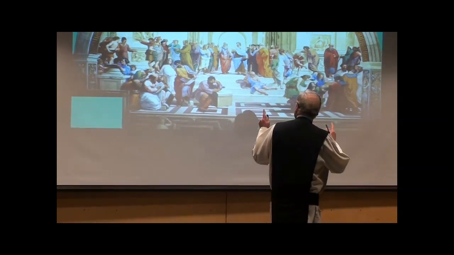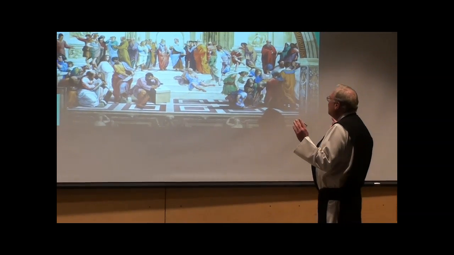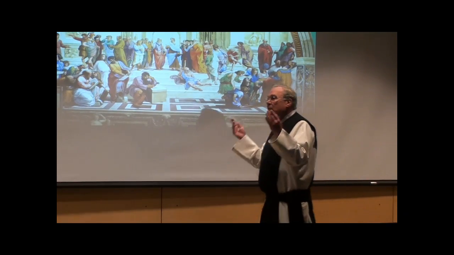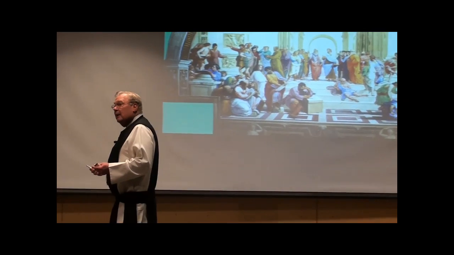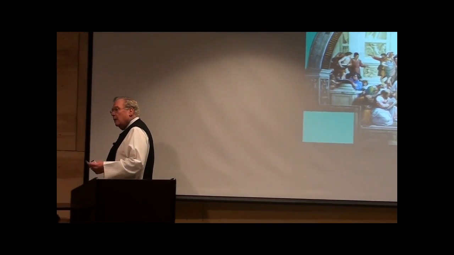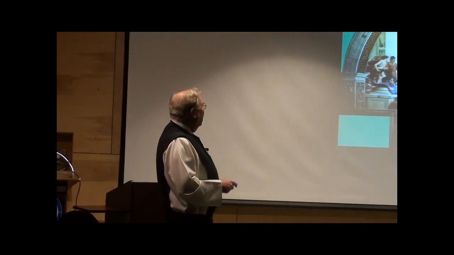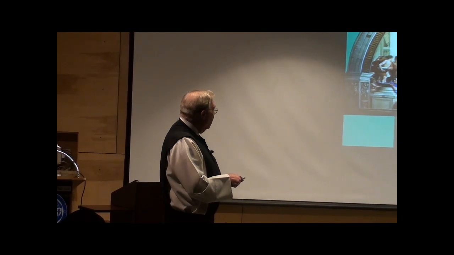So here we have all that human reason can understand. Everything in the world that reason can understand is portrayed here, and it's divided between Plato and Aristotle. Now, what's the big problem that Raphael leaves us with? How do we get those two together?